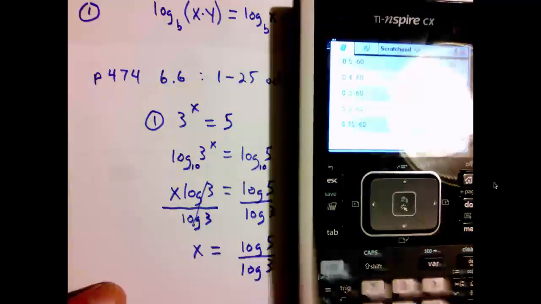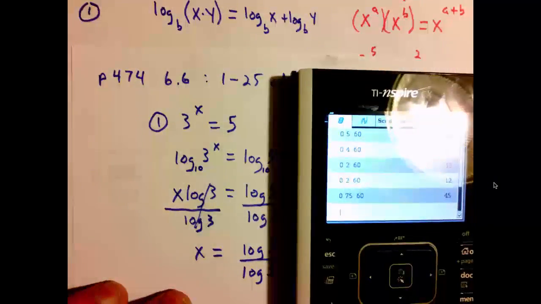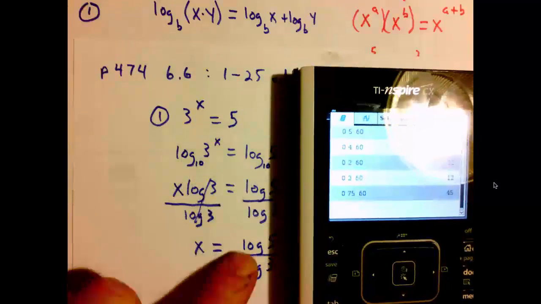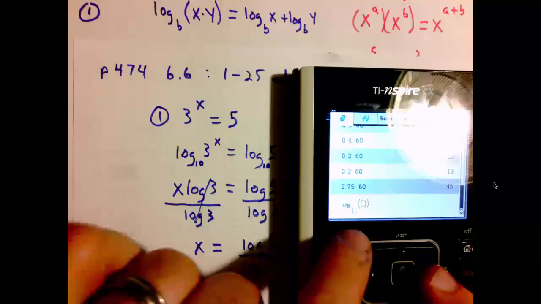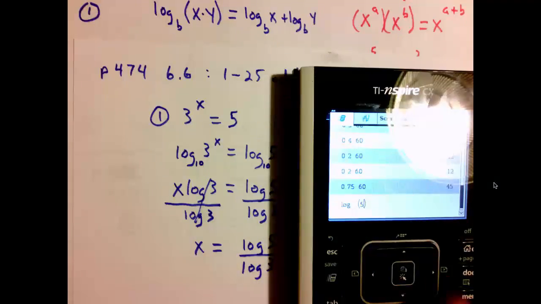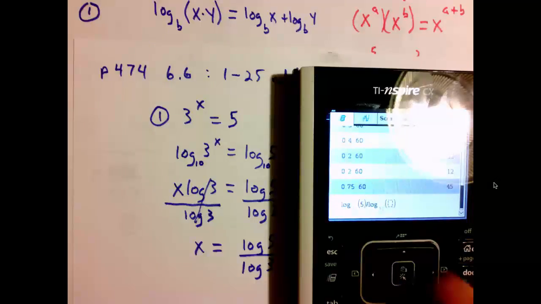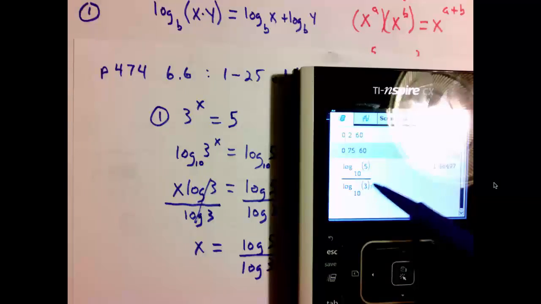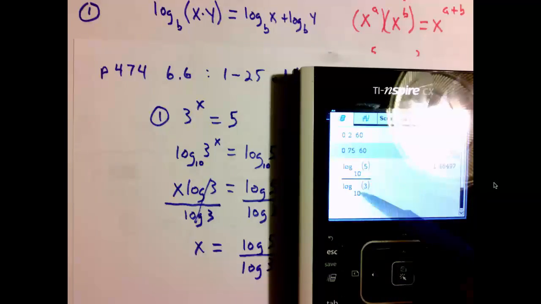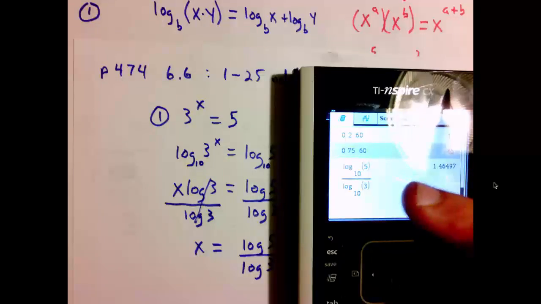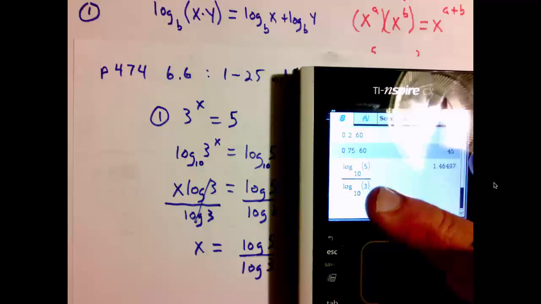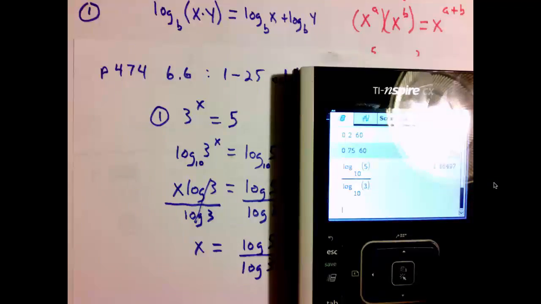Alright, so using my calculator, I'm going to evaluate log 5 divided by log 3. Log, it's asking for the base there, 5, divided by log 3. Notice I did not enter that 10 in, and the calculator entered it for me, because if we don't enter in the base, the assumption is that it is base 10, and it's 1.46.